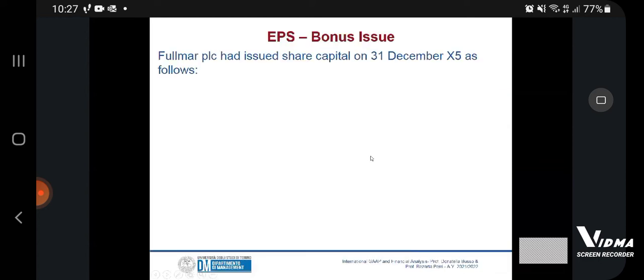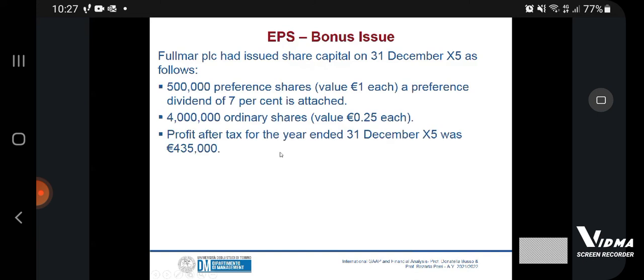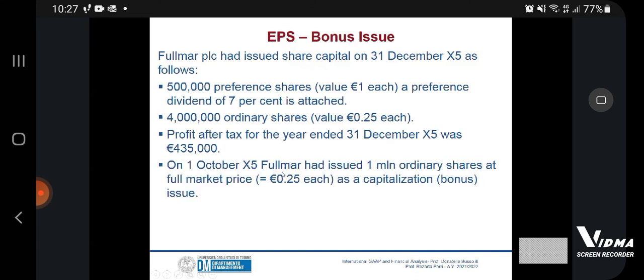Let's have a short example that illustrates the bonus issue. We have the same company as before. They have issued share capital in this manner over here. So the same example as before. Nothing has changed.